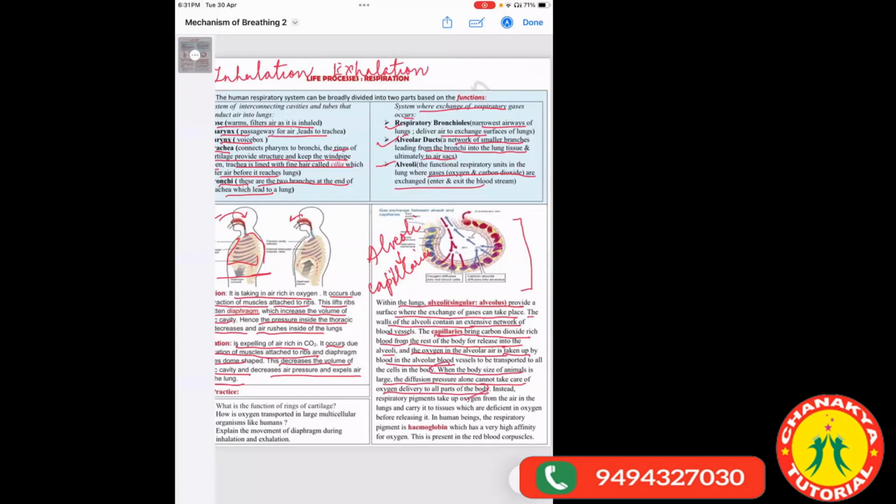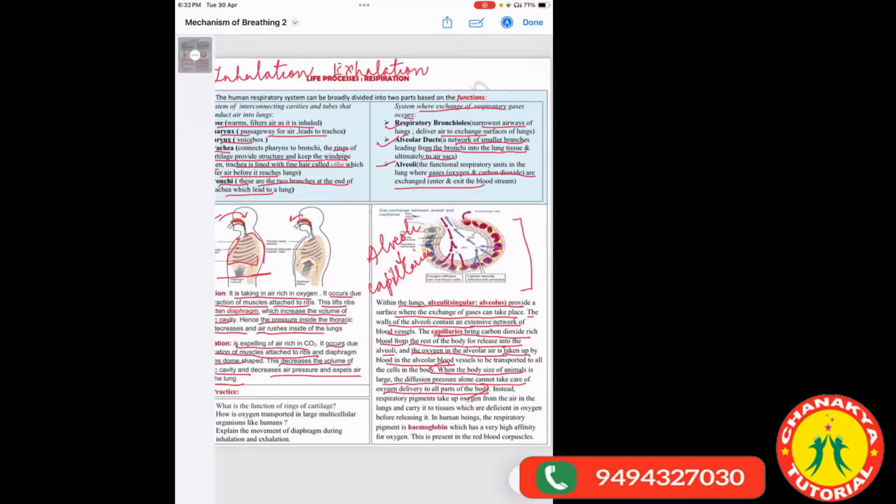Two methods are there: either the animal can breathe directly through the skin or through the body, or the second is when they have a system like the respiratory system. Amoeba can do the respiration process directly through the body. That is what we call diffusion. Movement of gases directly from the surface of the body is called diffusion.